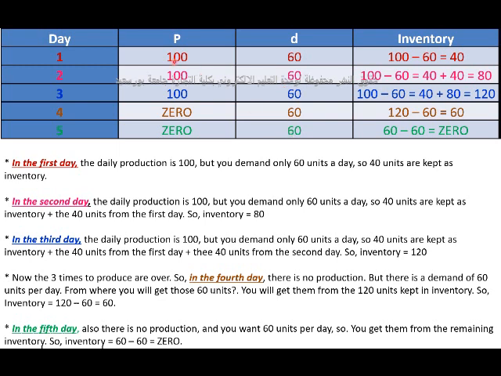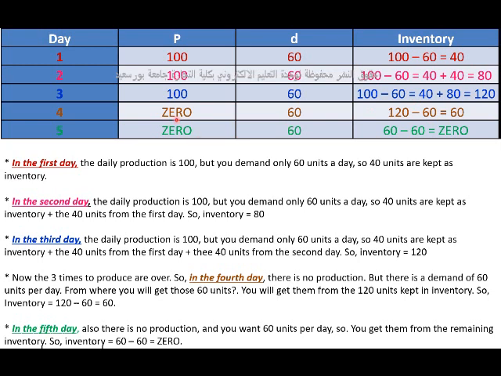If you produce 100 and use 60, inventory will be 40. And the previous one we have 40, total will be 80. 100 minus 60 will be 40, plus 80 will be 120.